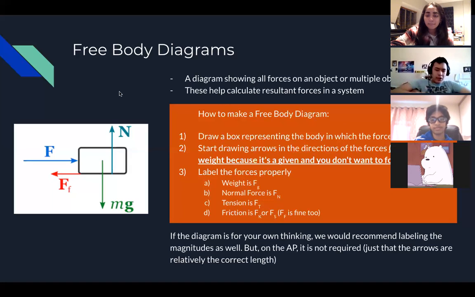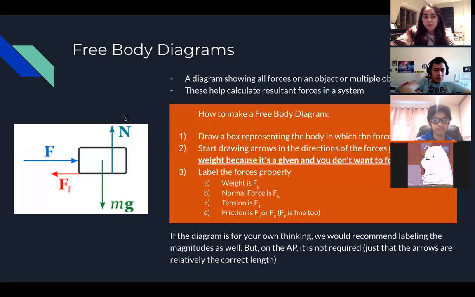I would just like to point out that usually this free body diagram that we've given a picture of isn't really a good one. Usually you want all of the forces coming straight from the center and pointing outwards in the direction that they're pulling or pushing the object.